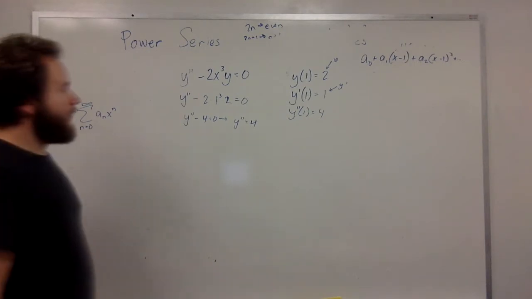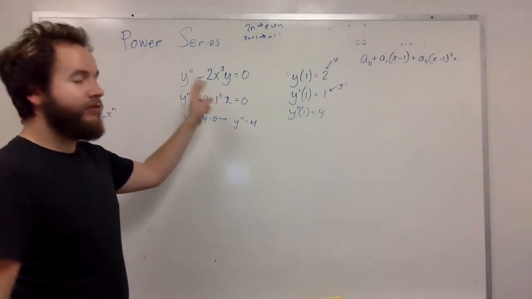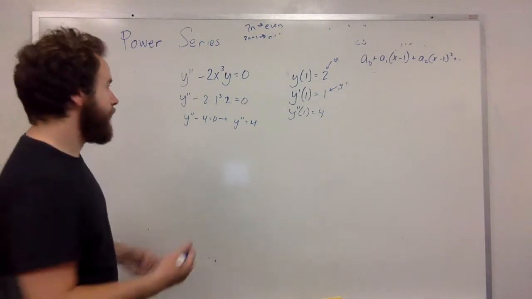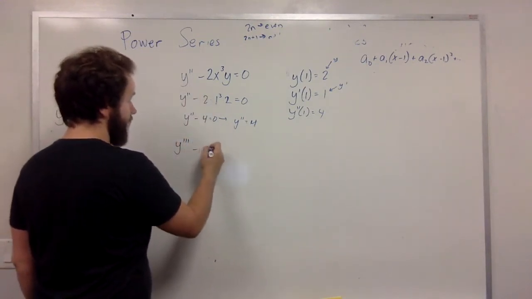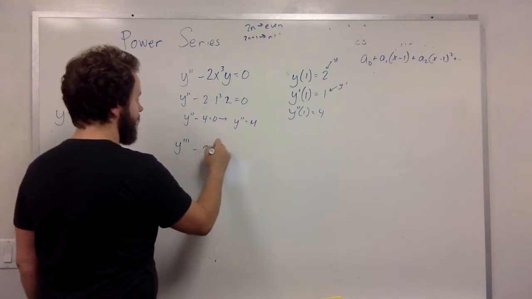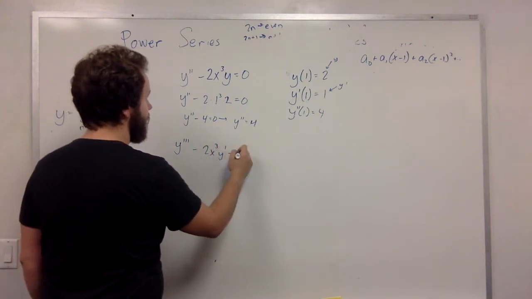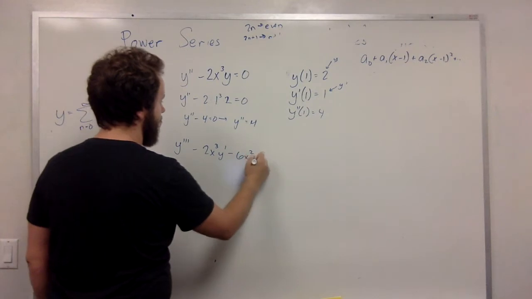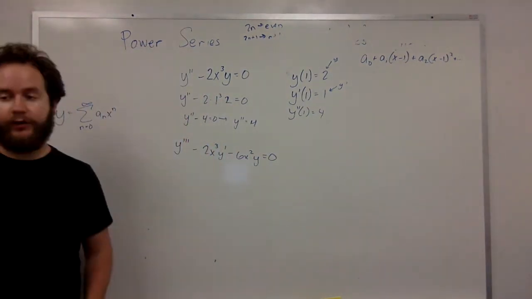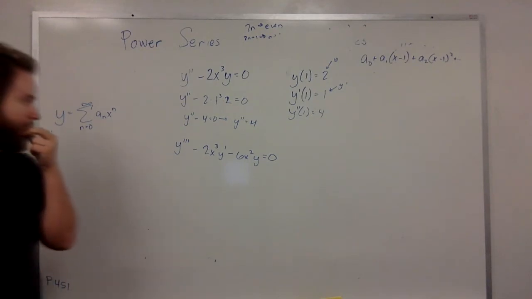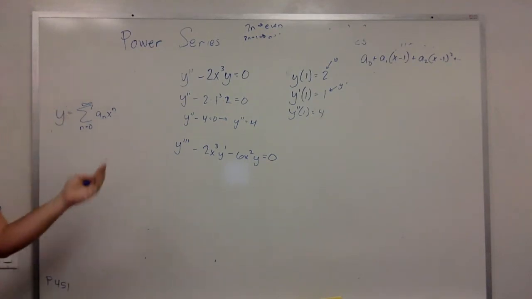Okay. And then as before, we want to take the derivative of both sides because we want to get our hands on y triple prime. The derivative of this would be y triple prime minus, again I'm going to use product rule here, 2x cubed y prime minus 6x squared y equals 0. That's just the product rule between 2x cubed and y. Okay, we're going to plug in what we know.